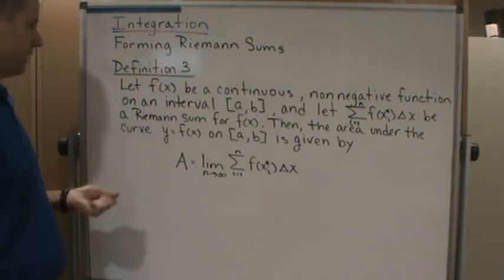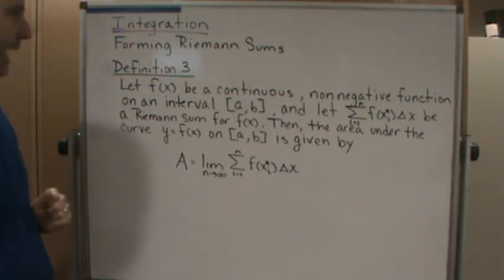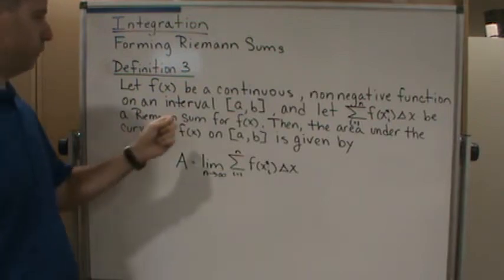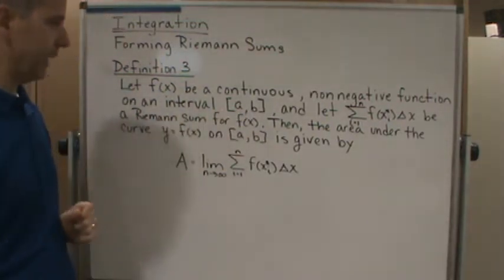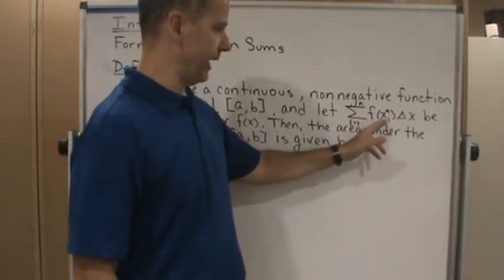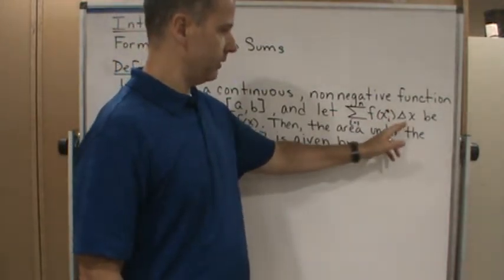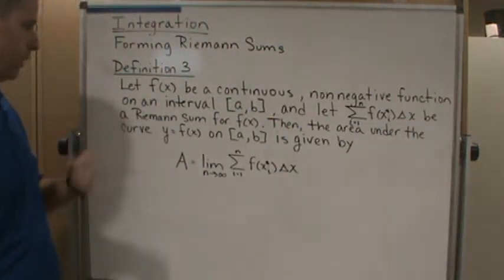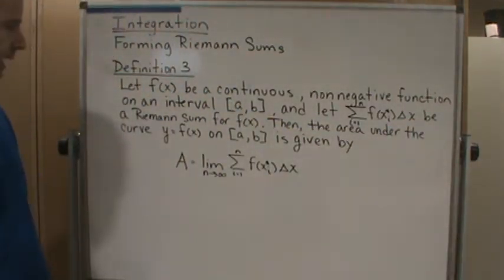Definition 3 says: let f be a continuous non-negative function on an interval from a to b, and let the summation from i equals 1 to n of f of x sub i star delta x be a Riemann sum for the function f of x.